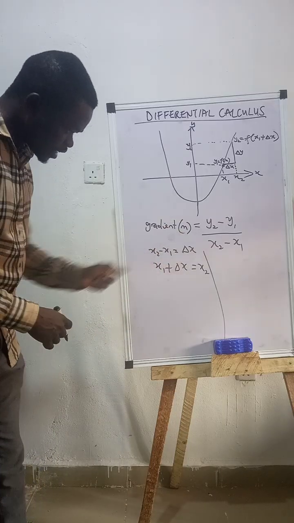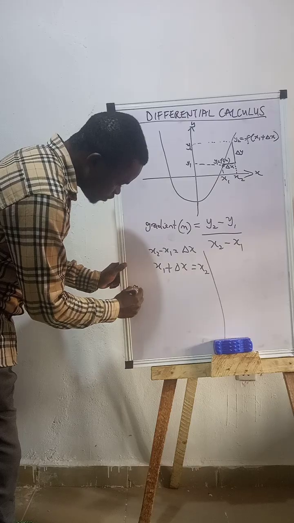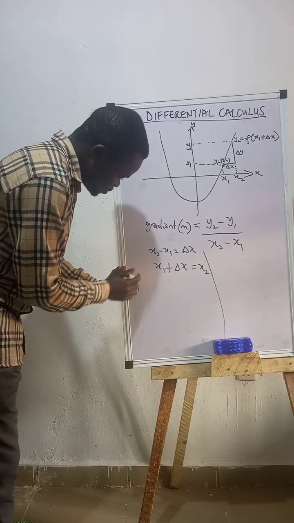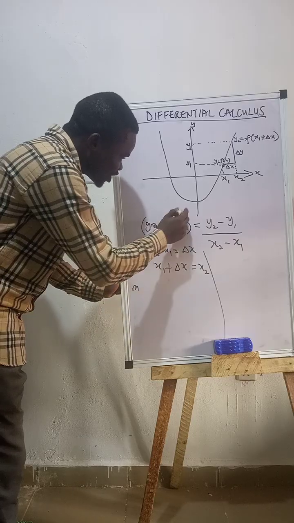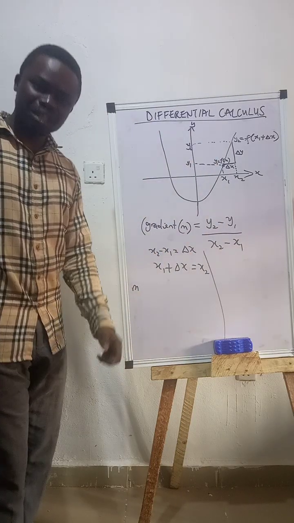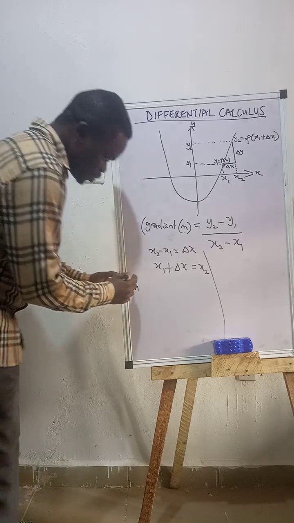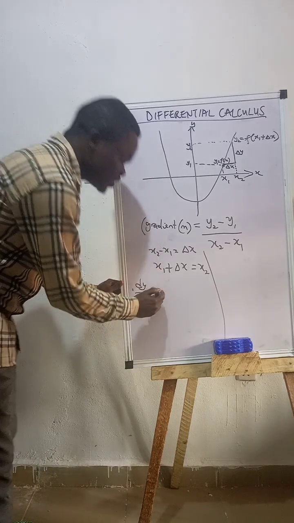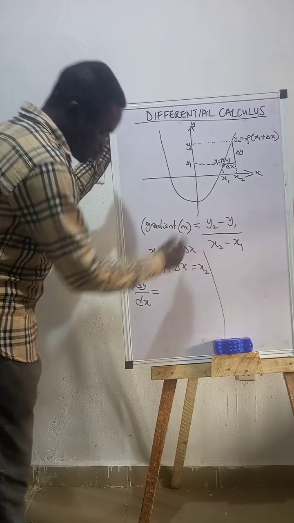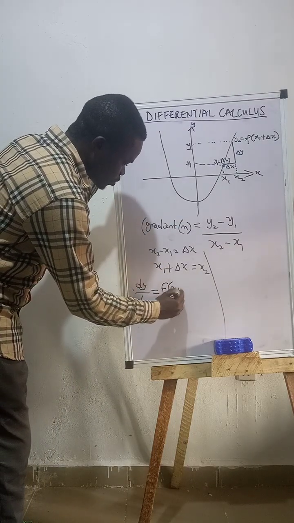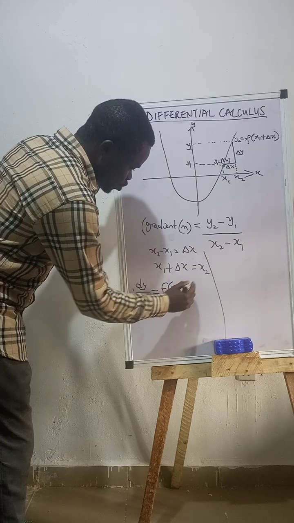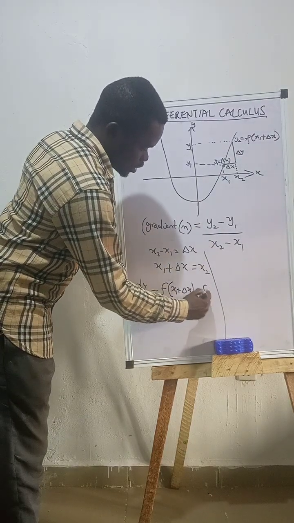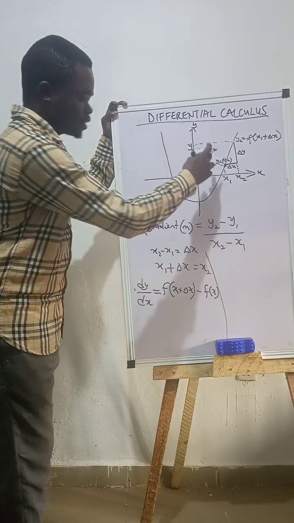So understanding that and putting that into this equation, the gradient is actually now our differential. This gradient is another word for the differential, which we represent as dy over dx. The differential is y2, which is f(x plus change in x), minus y1, which is f(x), all over change in x.